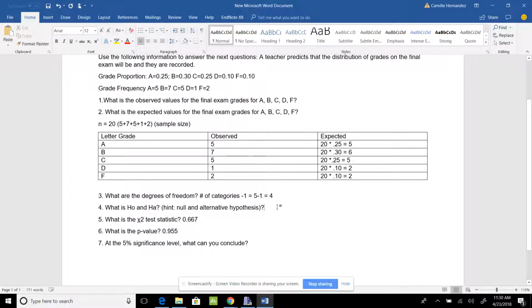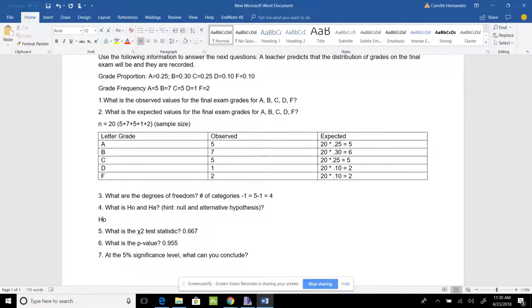Okay, and what's my null and my alternative hypothesis? H0 is that, so I want to do it this way. I'm going to say the proportion of A equals 0.25, proportion of B equals 0.30, proportion of C equals 0.25, proportion of D equals 0.10, proportion of F equals 0.10.